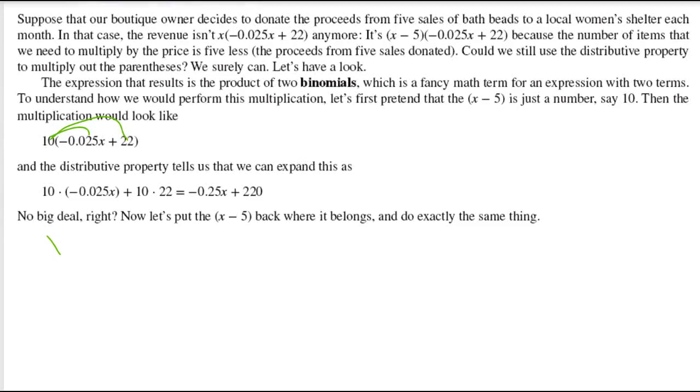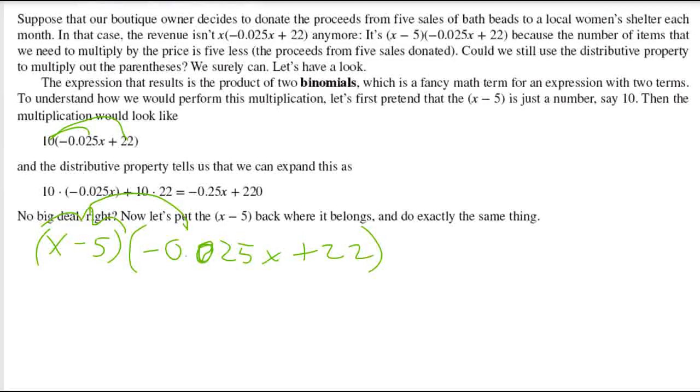So x minus 5 times, and remember that negative 0.25 is the same as the negative 1 over 40. I'm going to take that whole thing now, the x minus 5, and multiply it by both of these.